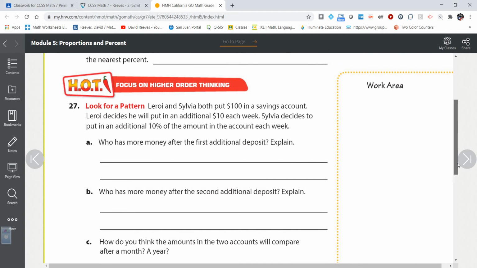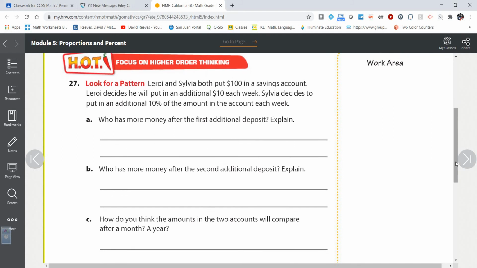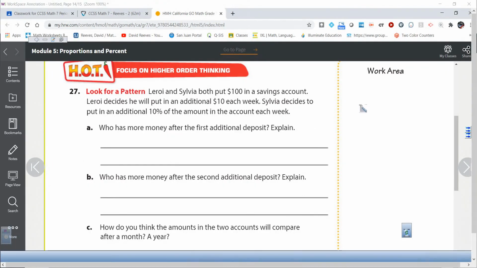Okay, it says Leroy and Sylvia both put $100 in a savings account. Good for them. Leroy decides he will put an additional $10 each week. Sylvia decides to put an additional 10% of the amount each week. So if we're looking at Leroy, he has $100, right?